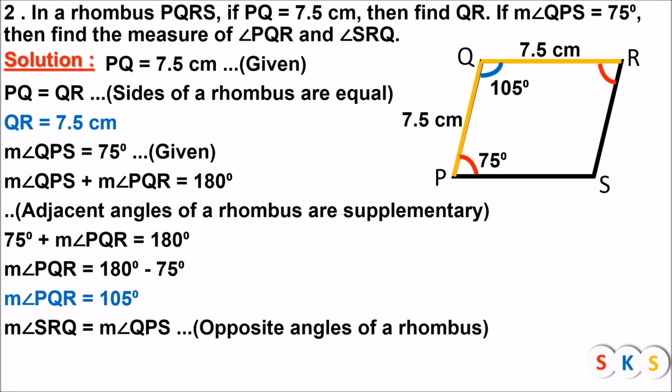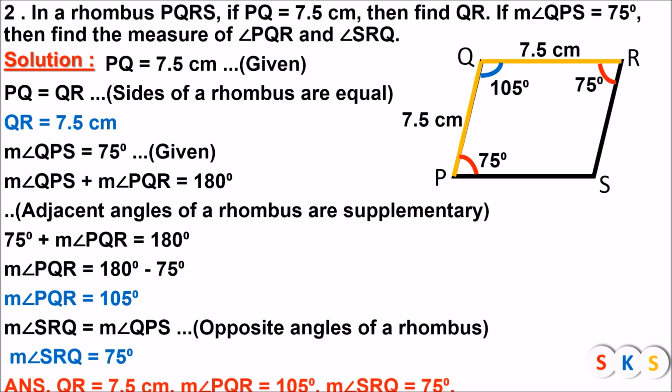Therefore, measure of angle SRQ equals measure of angle QPS. Therefore, measure of angle SRQ equals 75 degrees. So we got the length of side QR, the measure of angle PQR and the measure of angle SRQ.